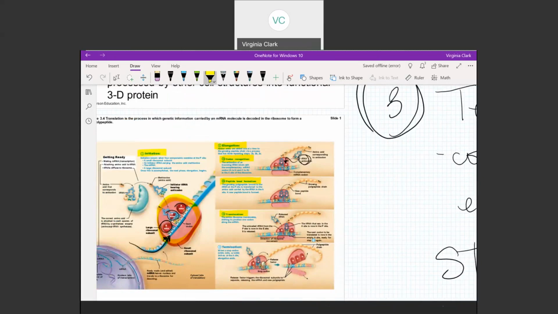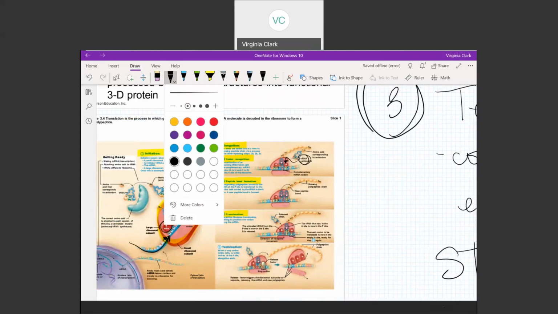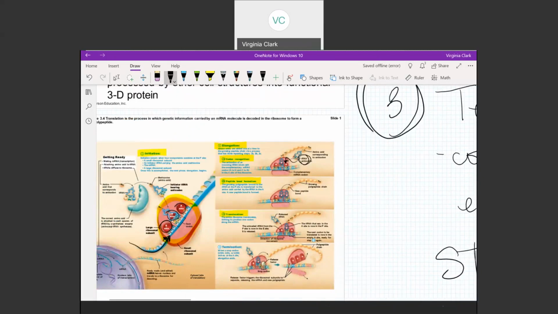Remember, all this is doing is saying that your tRNA is going to the A site, then it's going to the P site, and then when it hits the E site, you release your tRNA and you have this polypeptide chain. With this polypeptide chain, once you've got that, then you're going to hit the third phase when you hit a stop codon, and you're going to essentially break off and release this guy. So that is the process.